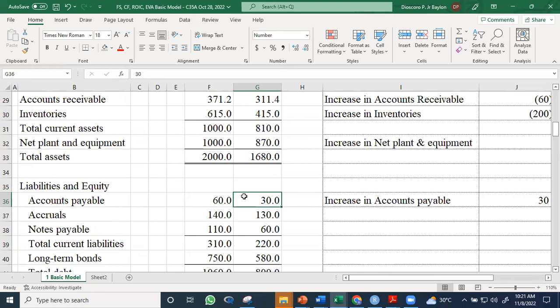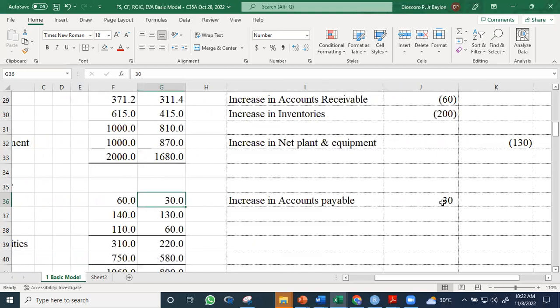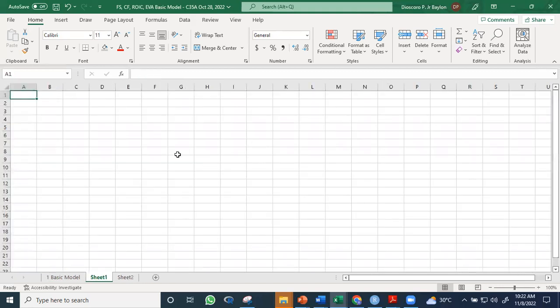So therefore, in effect, this is a source of cash because it's as if the company borrowed, and it's not yet paying the transaction. Okay, so this is a source of cash. So to summarize and to address the possible confusion that this might have been causing you.